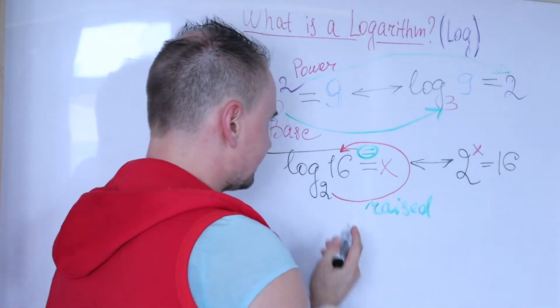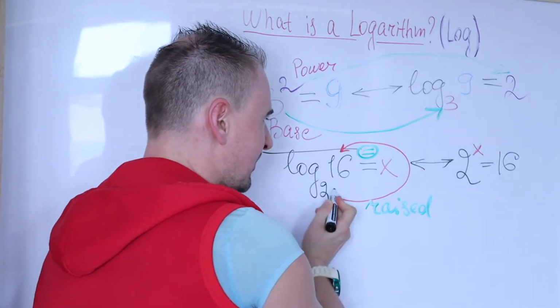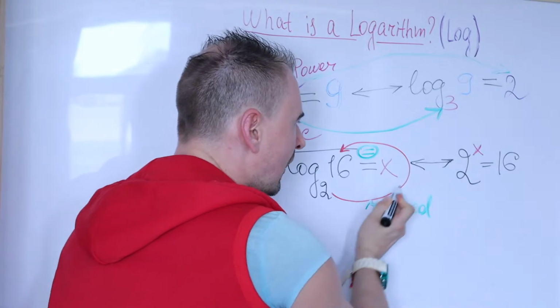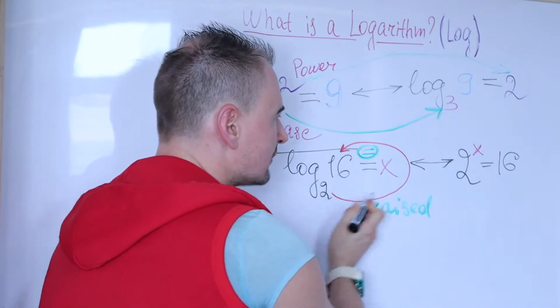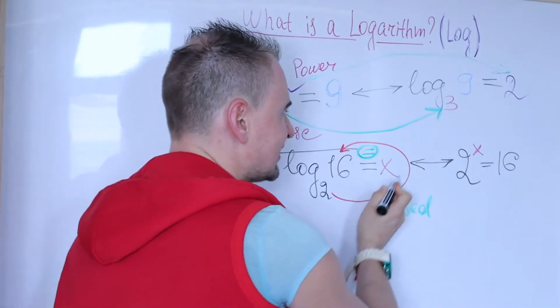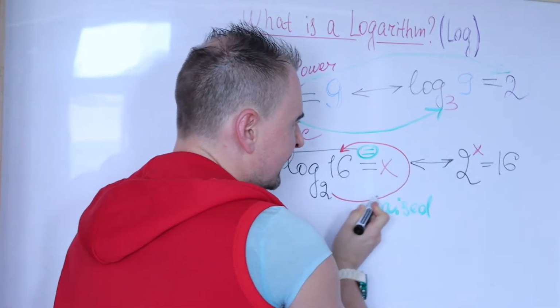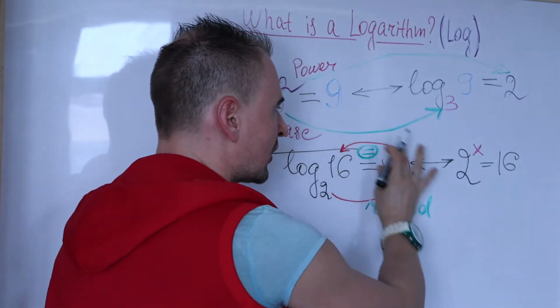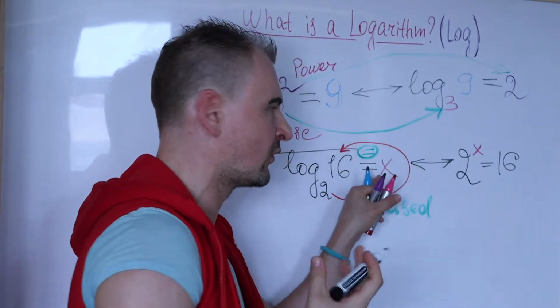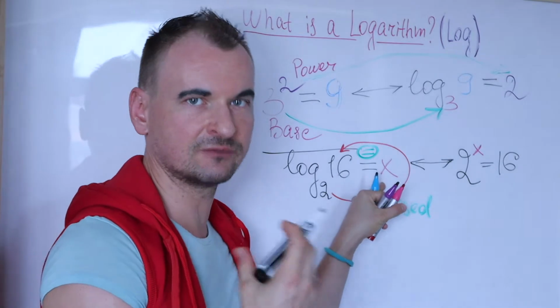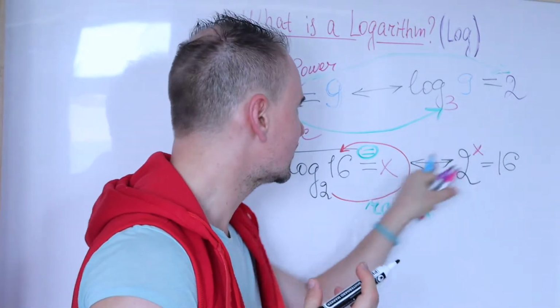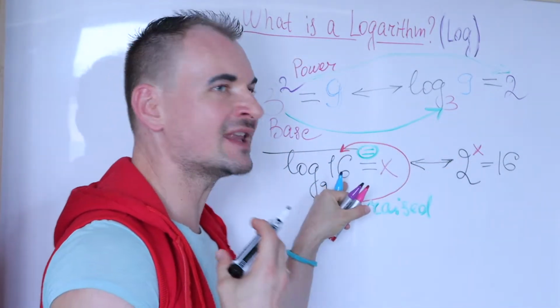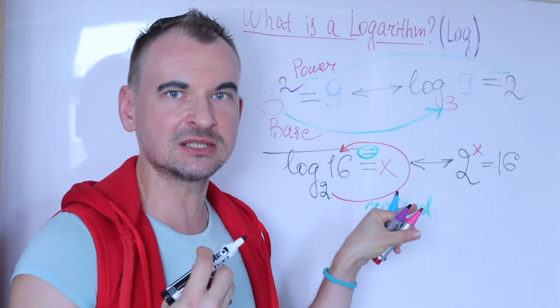So again, you always start with the small base. You go along this arrow, counterclockwise, anticlockwise, along this direction. You raise it to whatever you have on your right side. So it's basically going to be your variable, what we're looking for, x. And you set it equal to that middle number we didn't use.